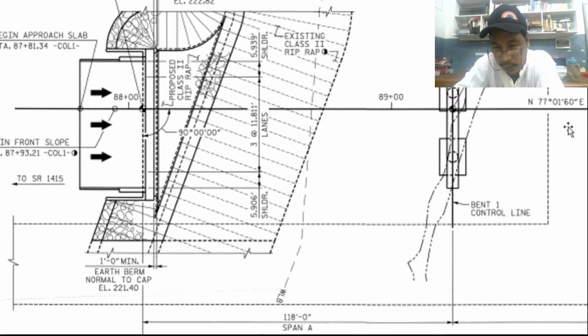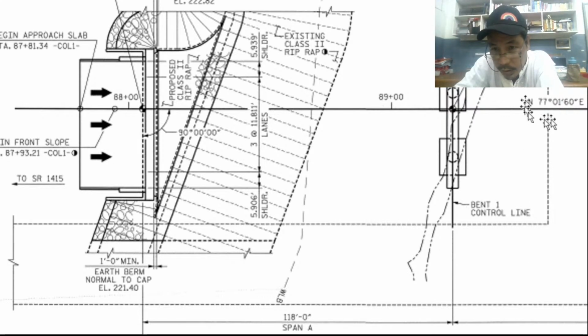I am very much worried about this. 77 degrees, 1 minute 60 seconds. Can anyone confirm that I am reading the plan correctly? Is that correct? Is that this one? Just below my picture.